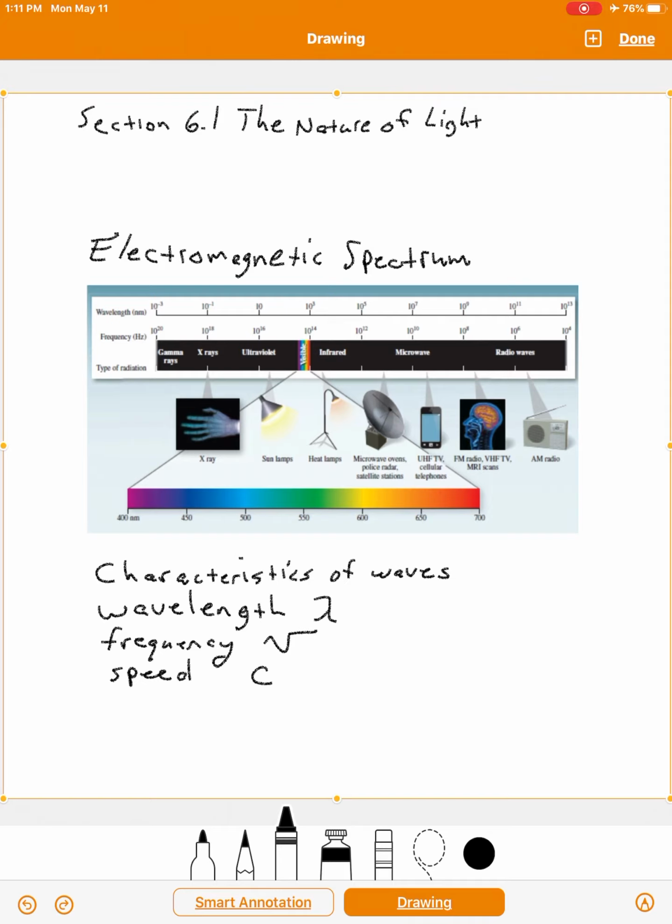Now, we are sensitive to, aware of, and perceive certain types of electromagnetic waves due to evolution and natural selection. We're very sensitive to visible light. We can see different colors of light. We can see the differences between green and blue.